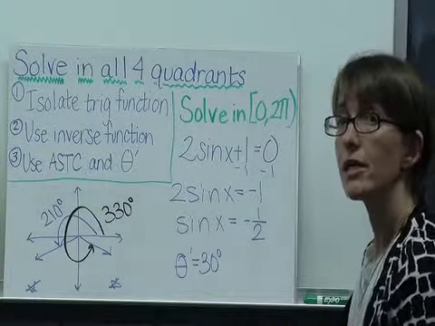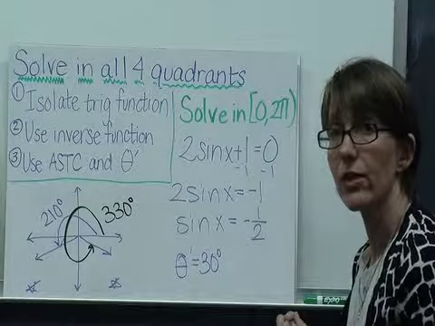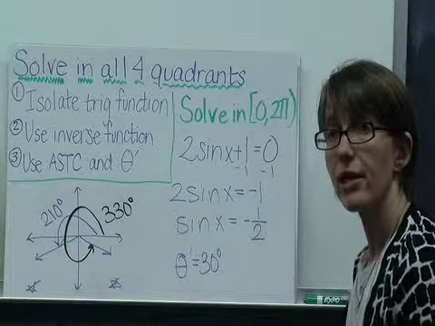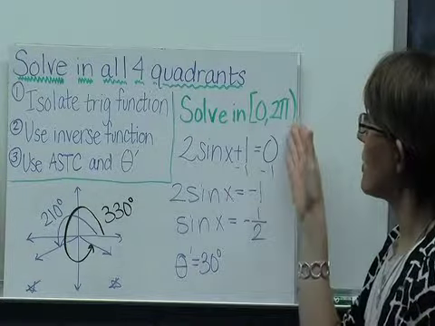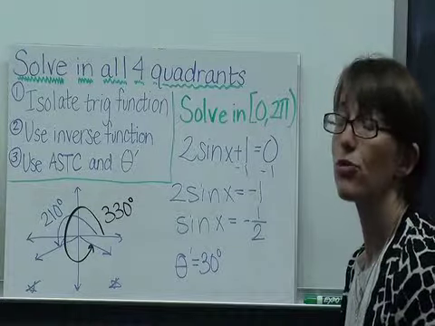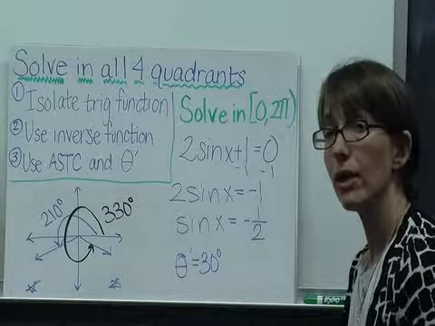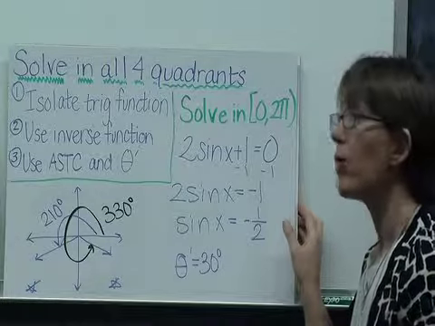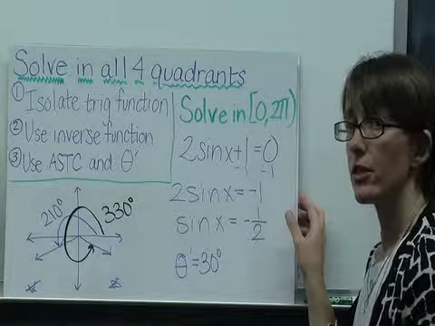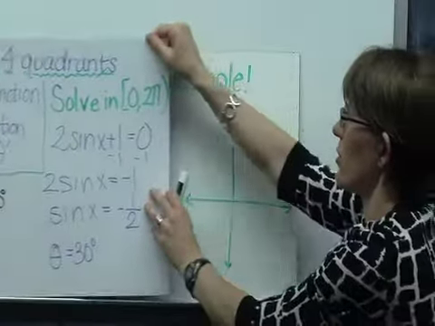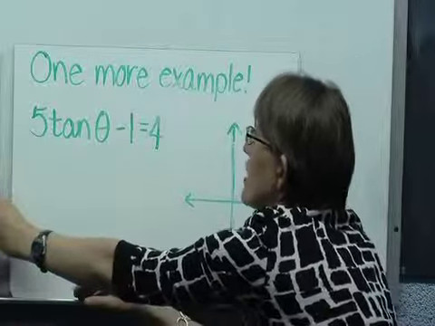So this has 2 different answers depending upon what quadrant you need to be in. If it gives you this 0 to 2 pi interval, you should be reporting both answers. However, in a word problem, you probably want to report what makes the most sense for the situation you've been given. Let's look at one more example of this involving tangent.